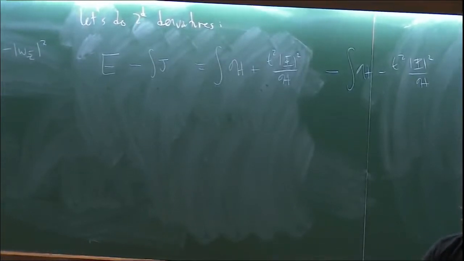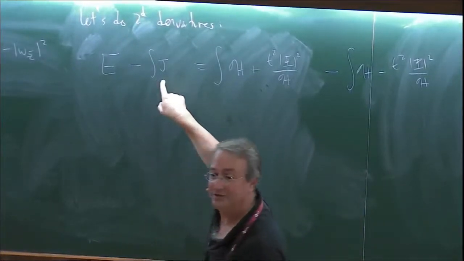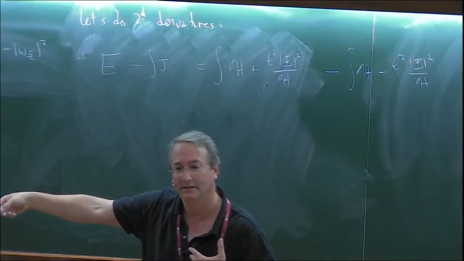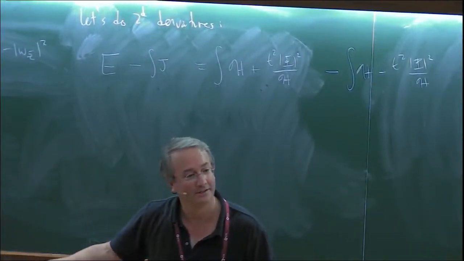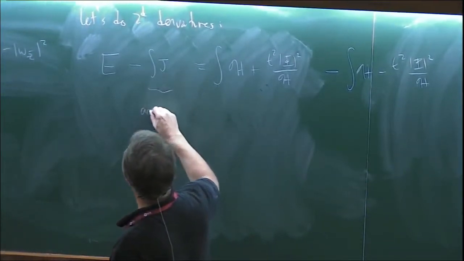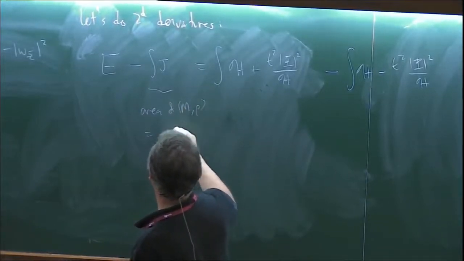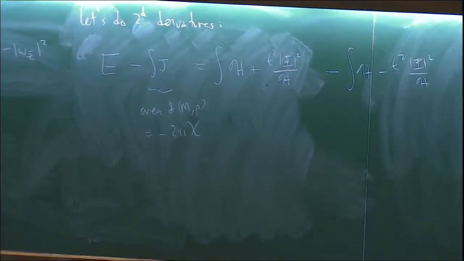There's no magic yet. Now there's magic. The integral of the Jacobian is the area of the target. Right? These are hyperbolic surfaces. They all have the same area. The area of m rho, whatever m rho is, by Gauss-Bonnet is minus 2 pi times the Euler characteristic.